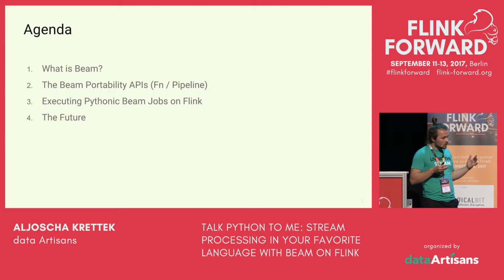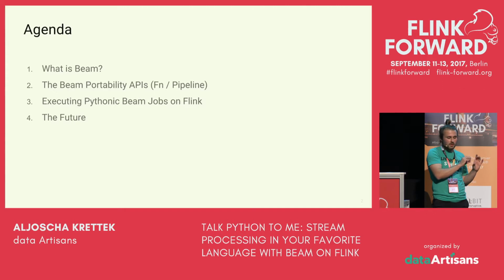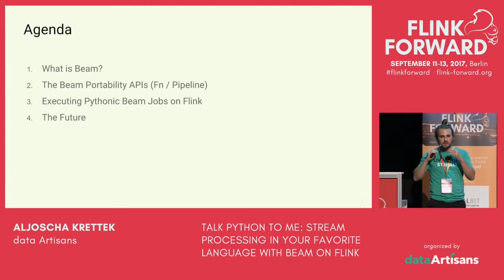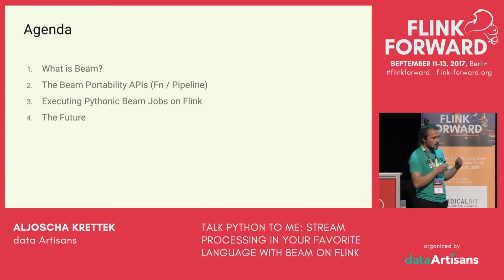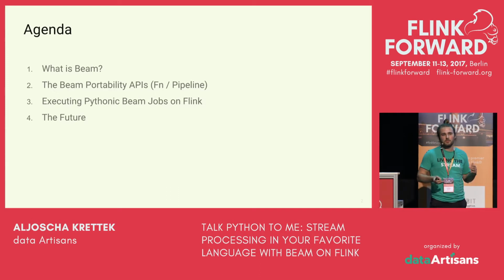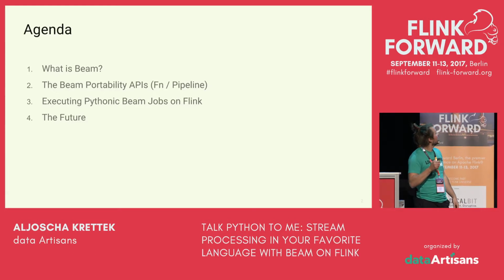I then want to talk about the portability APIs in Beam, which is the components that we use for executing code written in a different programming language on an execution engine that is written in another programming language, which is quite fancy. And then this is just the generic API. Then I will very briefly talk about how this is used in the Flink runner, and then I will outline some future work that we still have to do.